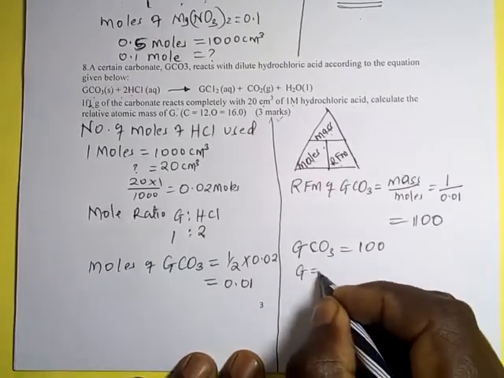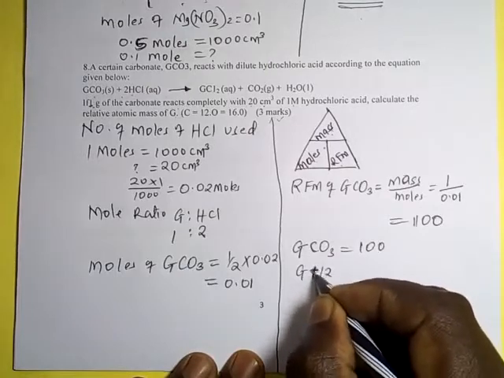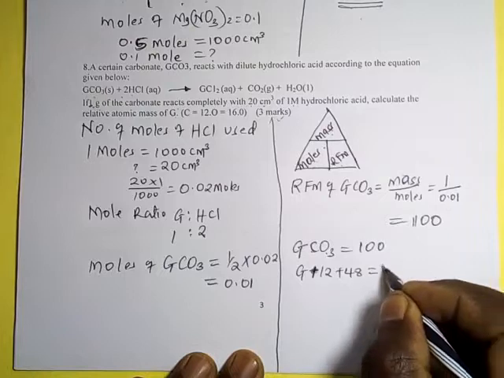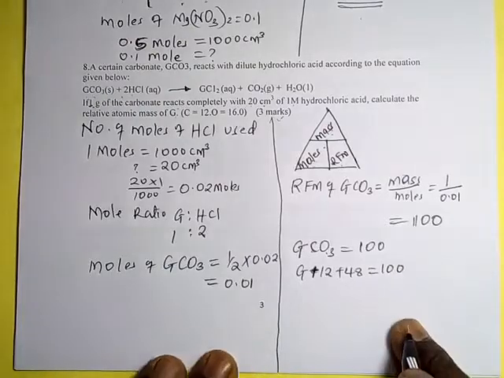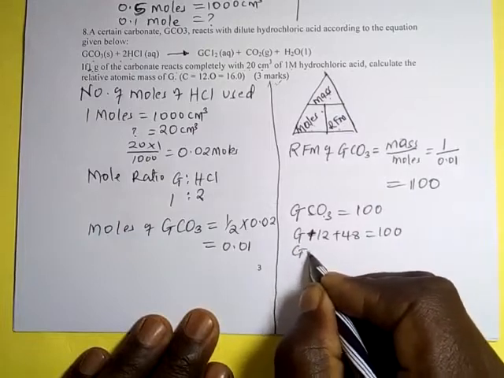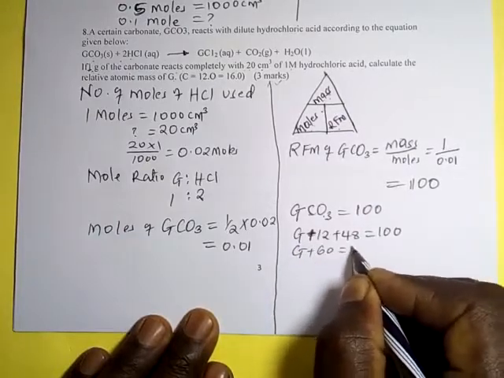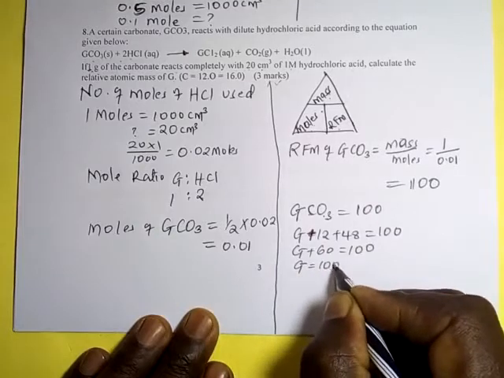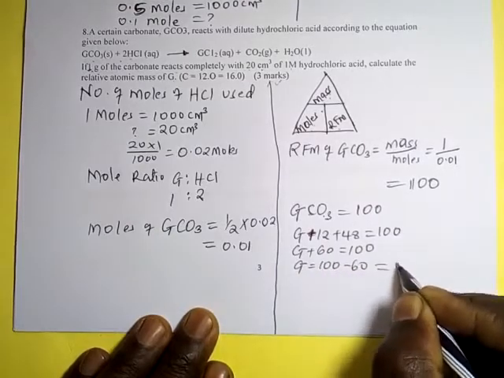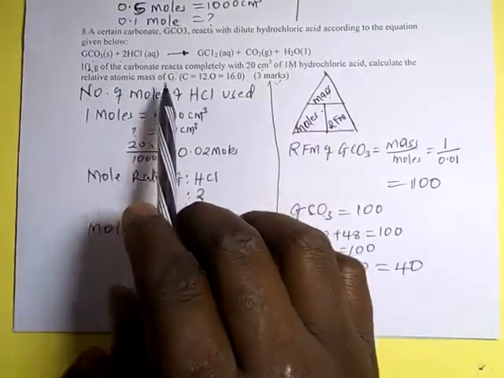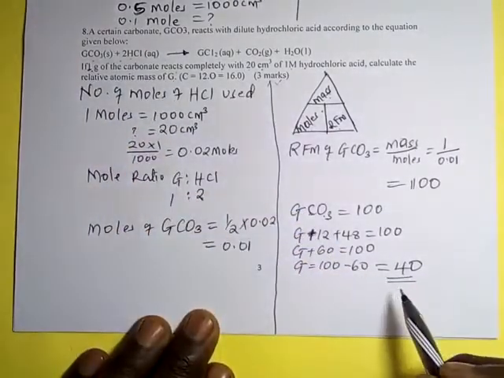So G plus 12 plus 16 times 3, which is 48, will give us 100. G plus 60 will give us 100. So G equals 100 minus 60, and that is 40. So the relative atomic mass of G is 40.